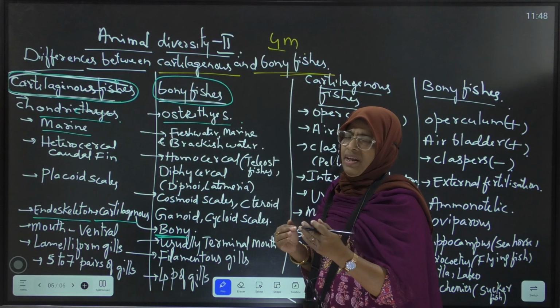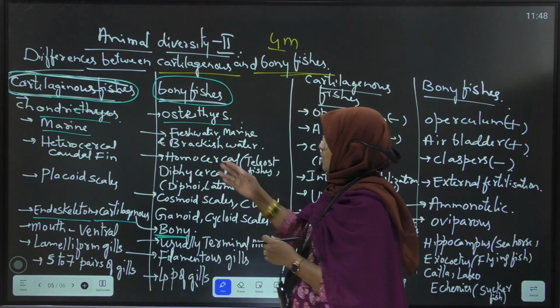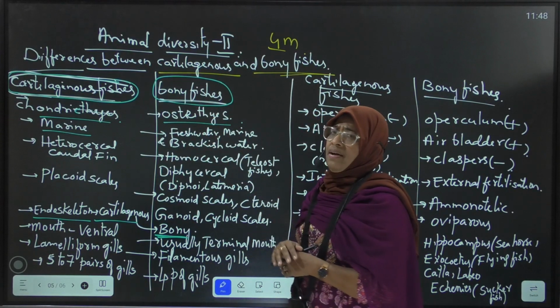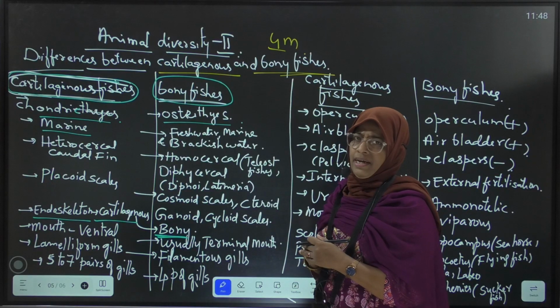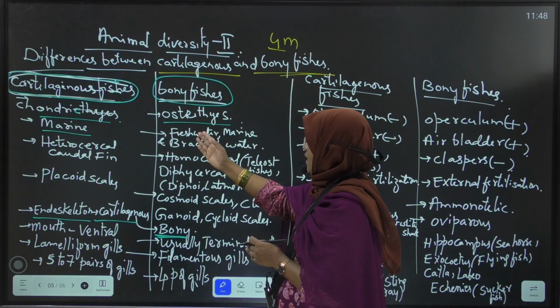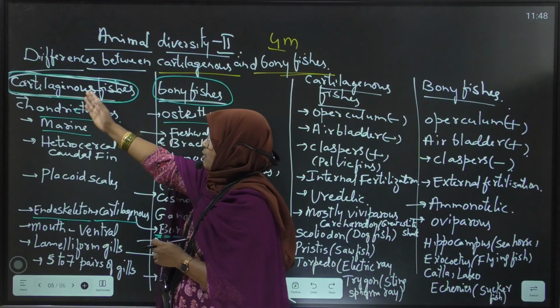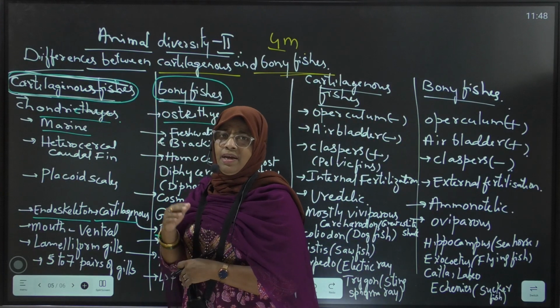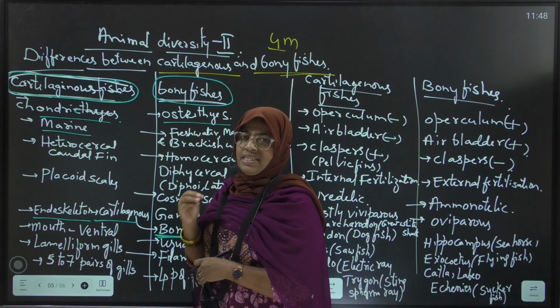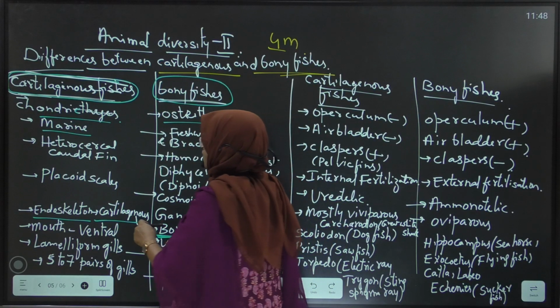But cartilaginous fishes are exclusively marine fishes. They live in sea water.